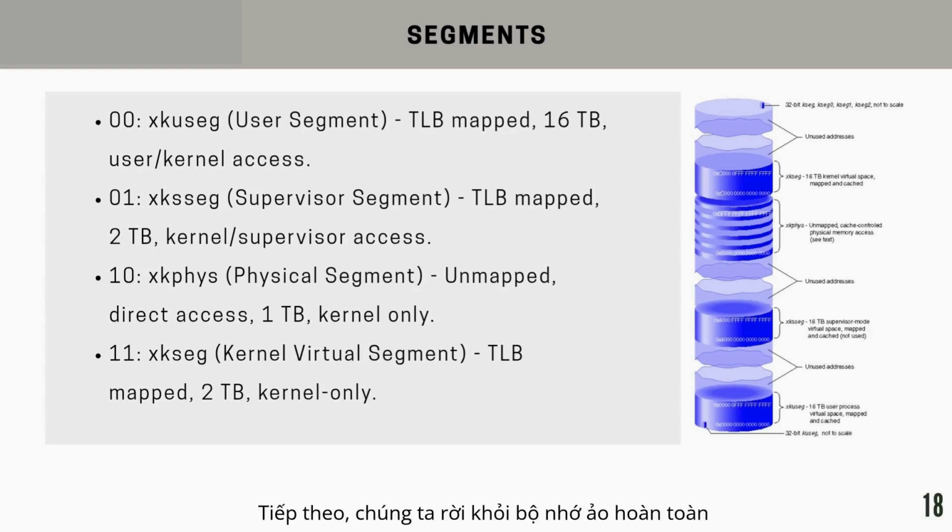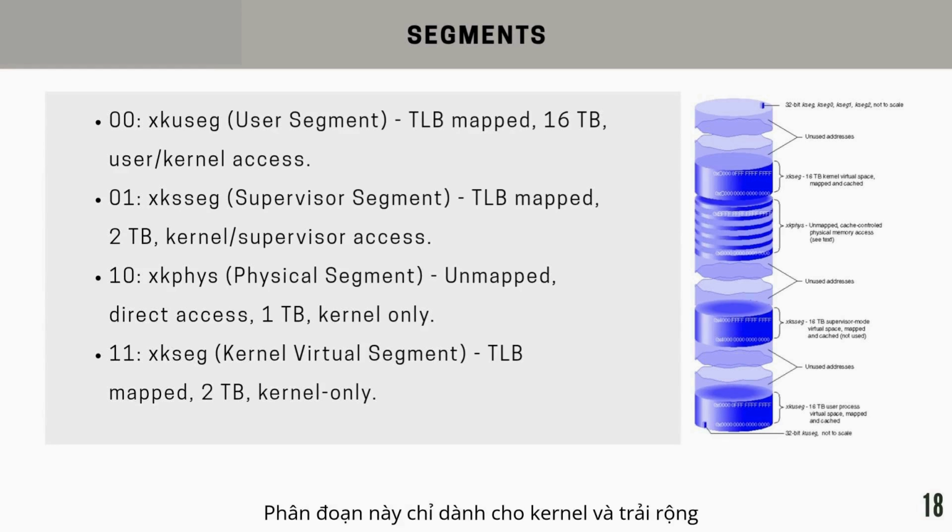Next, we'll leave virtual memory altogether and go straight to hardware. Segment 3, XKPHYS, the physical address segment, with region code 10. XKPHYS provides direct access to physical memory, meaning it bypasses the TLB entirely.